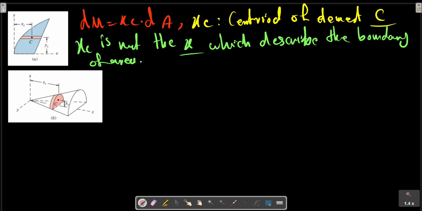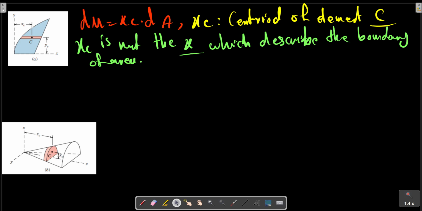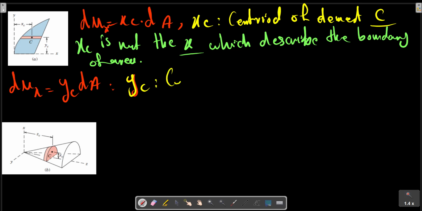For this element, the moments about the x-axis is dmx = yc dA, where yc is the y-coordinate of the centroid of element C.